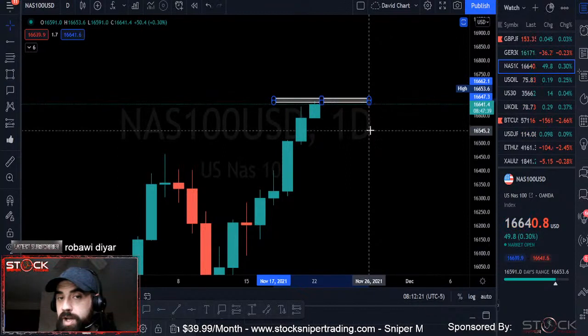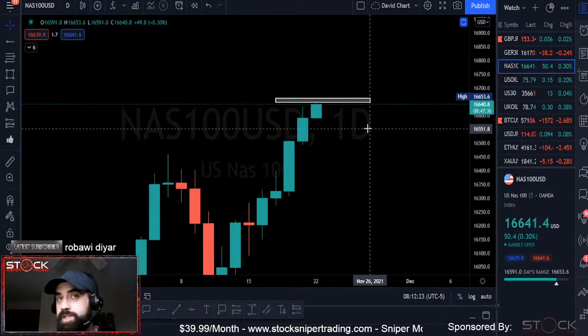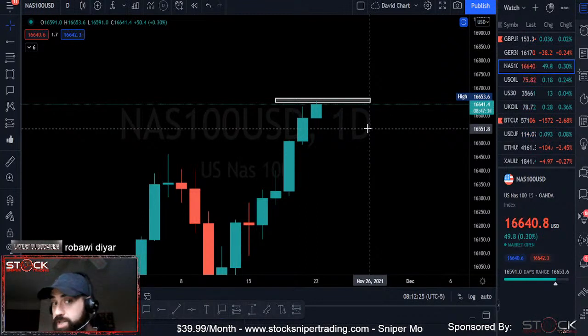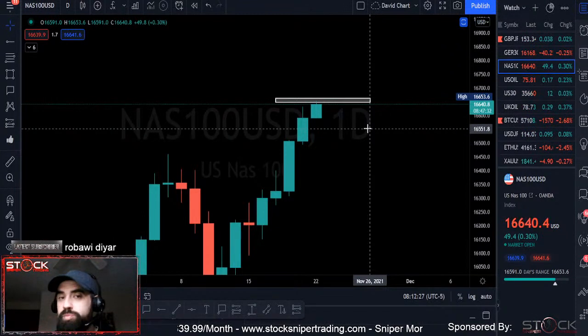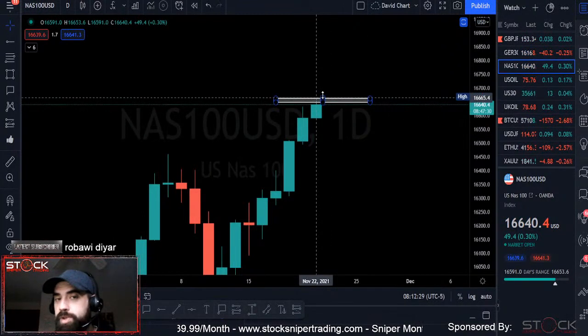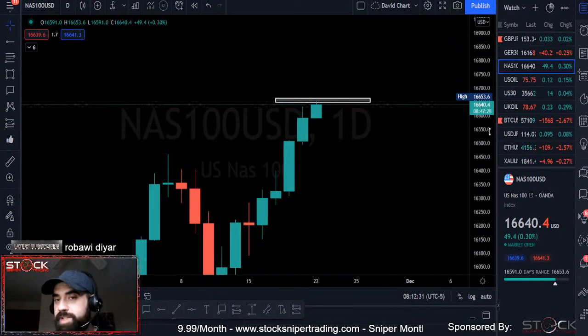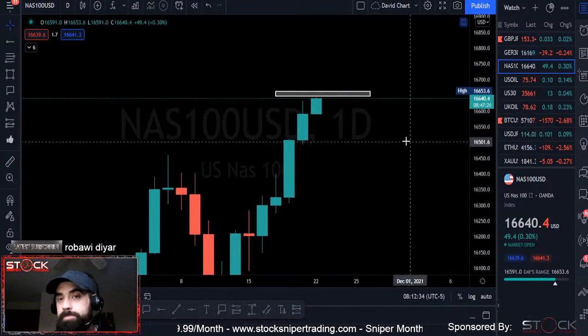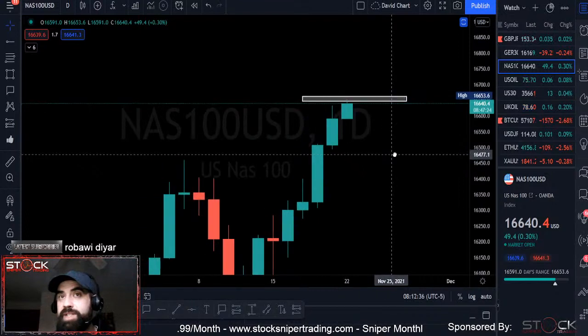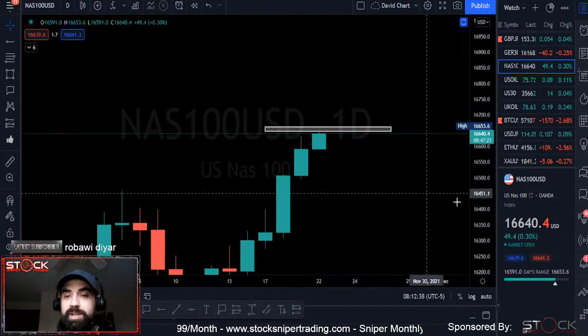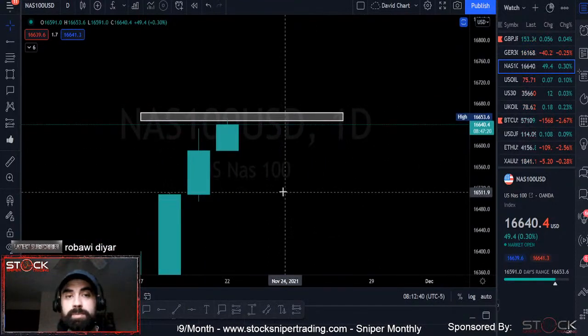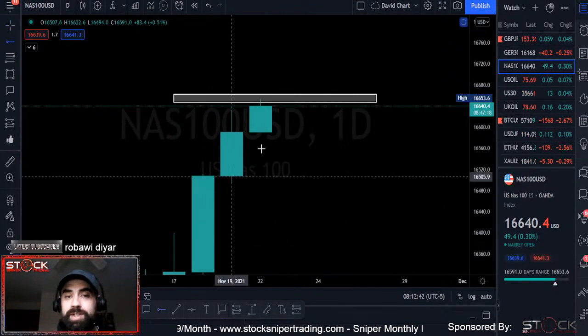So I'm personally going to mark this as just a neutral area for now. Obviously, it's bullish, but this thing can still push up. This is at the high, 16,653. This thing can tap 16,700. We just got to watch and see when is going to be the ultimate fail.